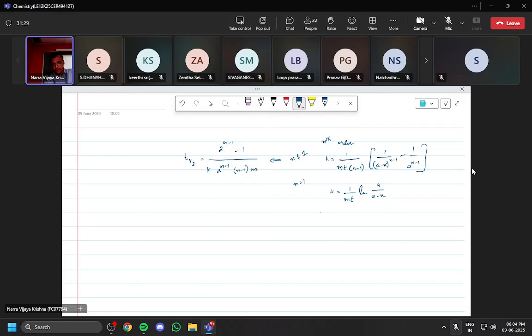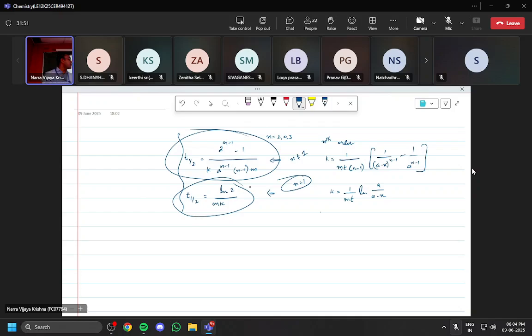If it is first order, t half equals ln 2 upon k. This is when n equal to 1. When n is not equal to 1, n may be either 0, 2, 3 and so on. Only if you remember these two equations, automatically you can derive the remaining. Correct?